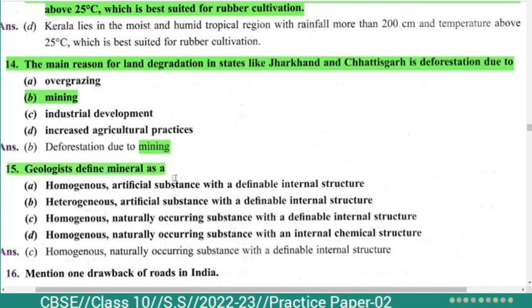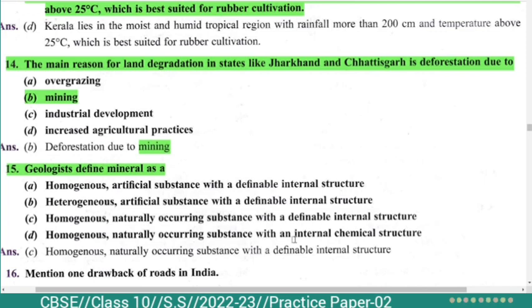15th question. Geologists define mineral as a: A. Homogeneous artificial substance with a definable internal structure. B. Heterogeneous artificial substance with a definable internal structure. C. Homogeneous naturally occurring substance with a definable internal structure.